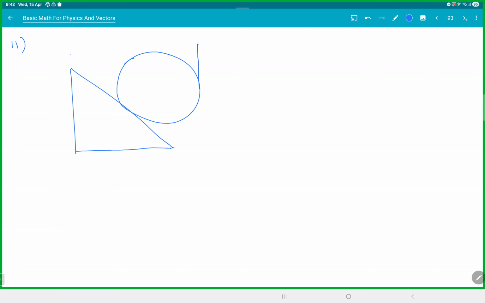So this ball got stuck between the wedge and a wall. I hope you're able to visualize the picture here. So we got a ball which is stuck between a wedge and a vertical wall.